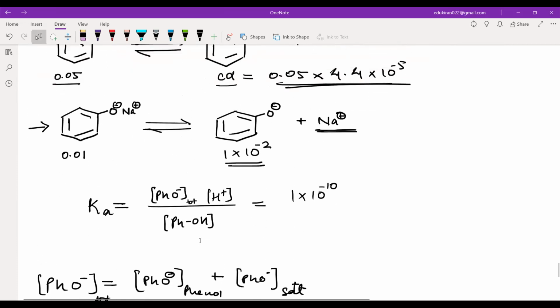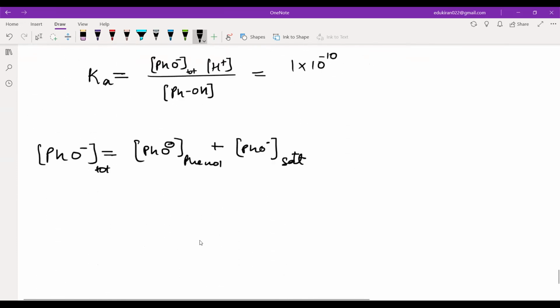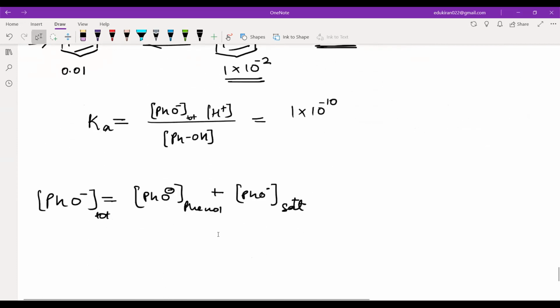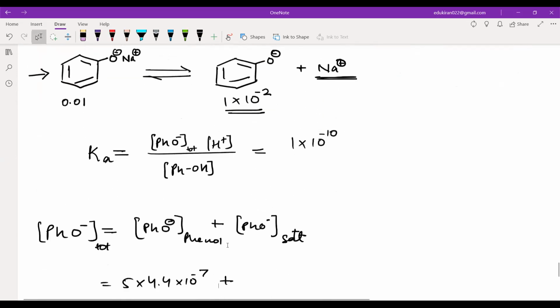From phenol it is very small, so I can write this as 0.05 into 4.4 into 10 to the power minus 7, plus 10 to the power minus 2.